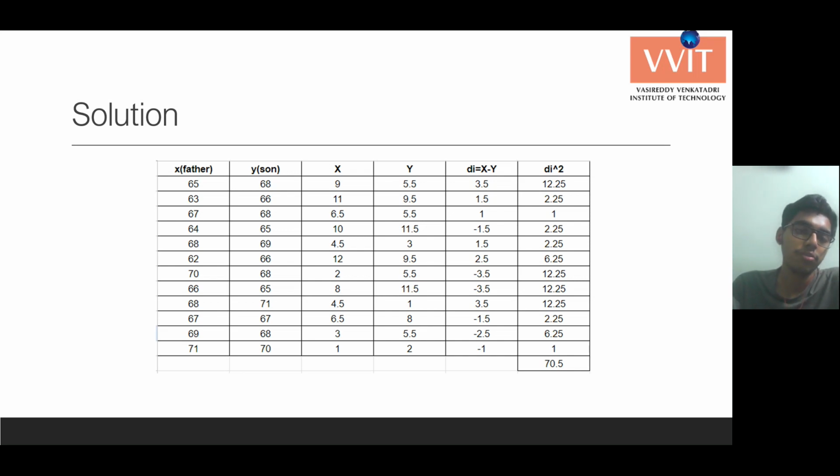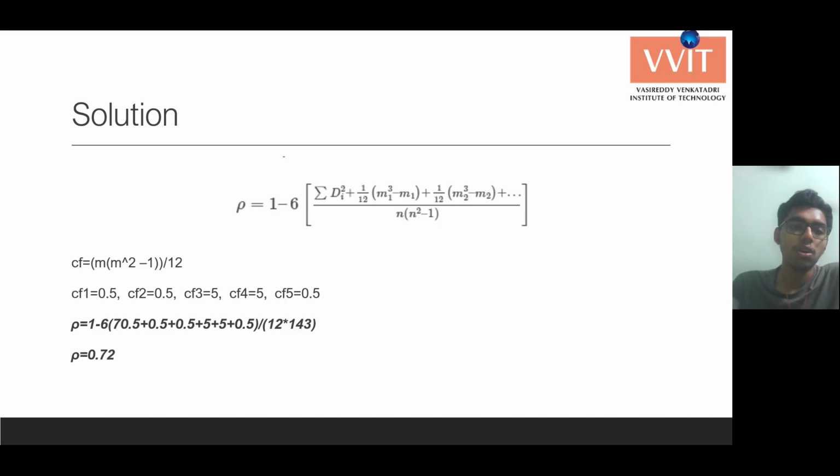Now let us find the solution. We have collected all the data required. Here we can see several ranks have become the same, so we have to add the correction factors. The correction factor formula is m into m square minus 1 divided by 12. Using the formula, we get 5 correction factors.